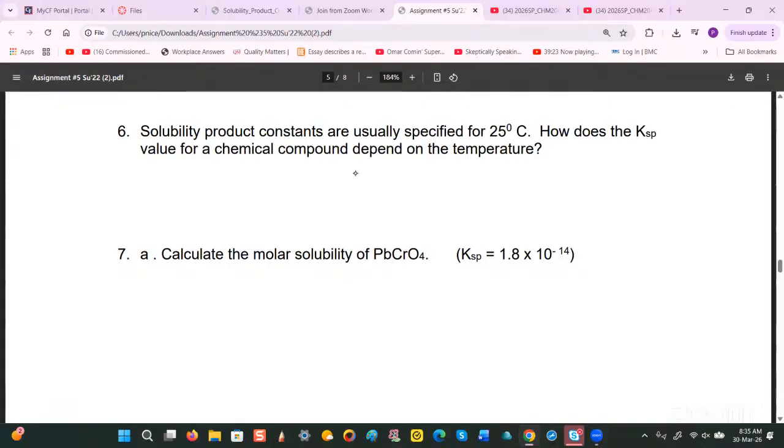Now remember, the Ksp would be equal to the product of the concentration of the ions. So let's say it's silver chloride, right? This is what Ksp is equal to. So if the solubility increases, then what would you expect to happen to the Ksp value?